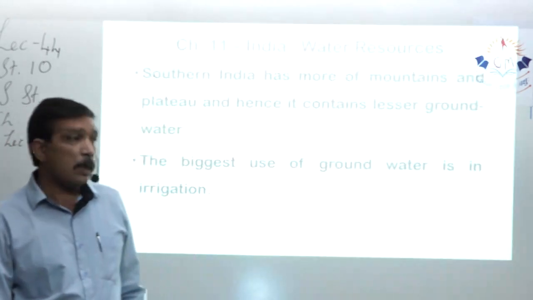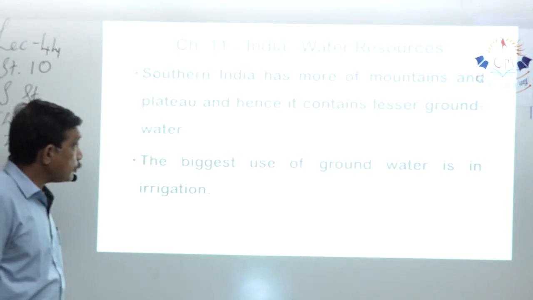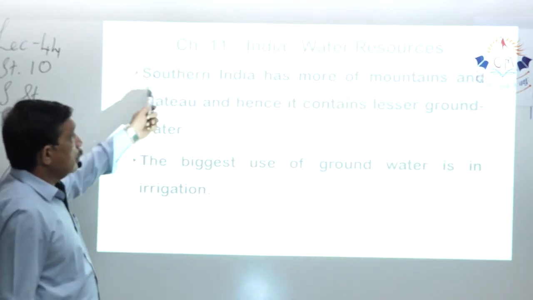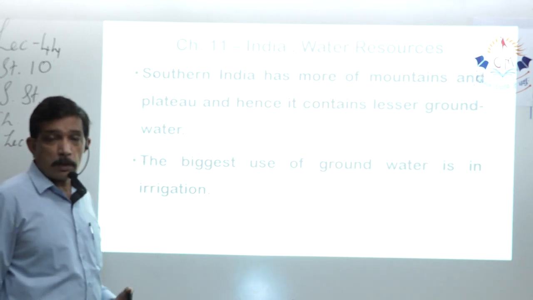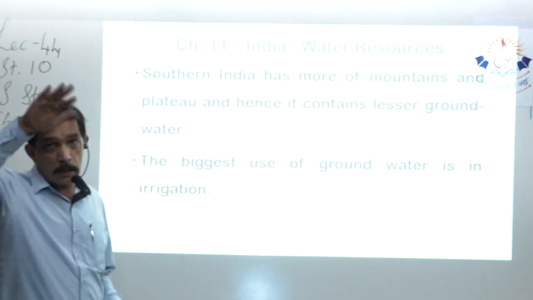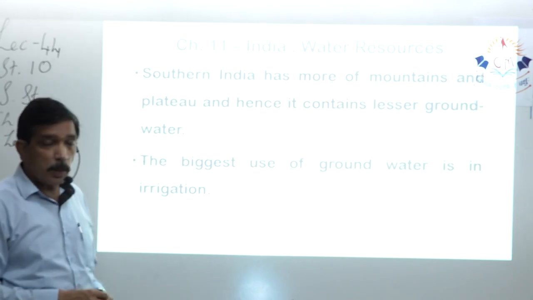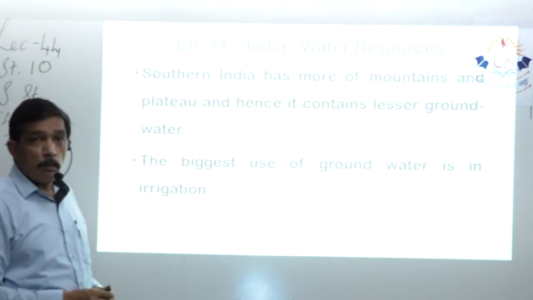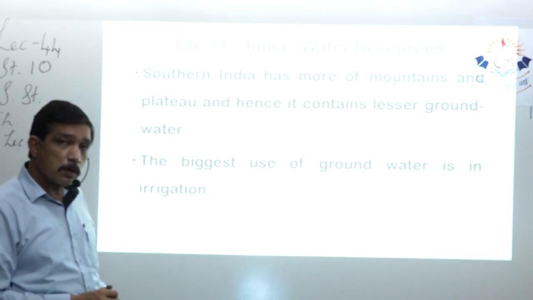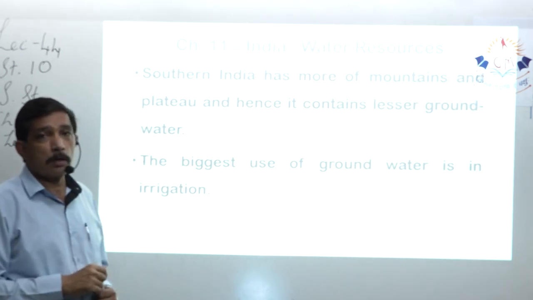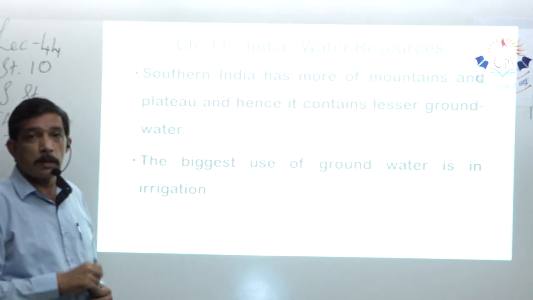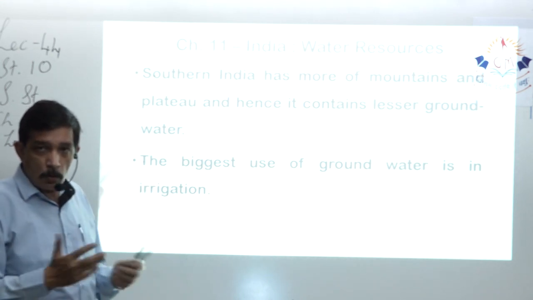The added advantage that they have is that southern India has more of mountains, Western Ghats, Eastern Ghats, plus the whole of that land is raised up. So more mountains, more rocks where water cannot seep inside and get stored.